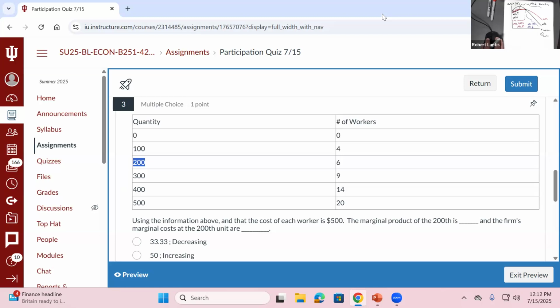So if every single worker costs me the same amount, so I have to pay them each $500, when my workers are more productive, or my marginal productivity of labor is going up, essentially every unit I'm producing, I have to spend less money on. I'm spending the same $500, but hiring that worker, I'm getting even more output than I was before. So if I have gains from specialization, then I'm going to see that when my marginal productivity of labor is going up, my marginal costs are actually going down.